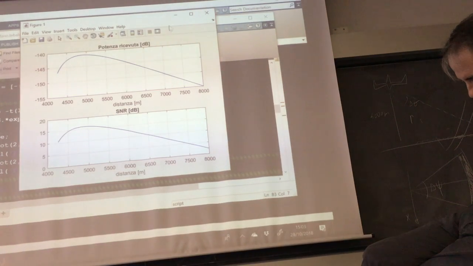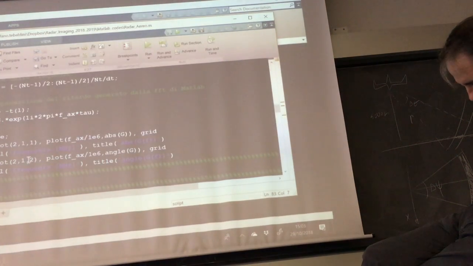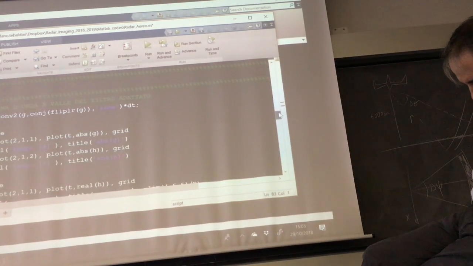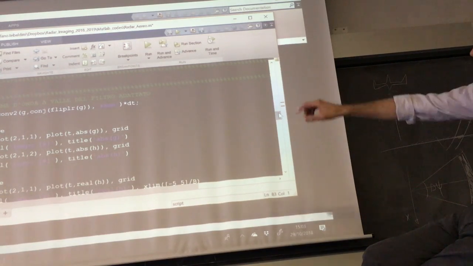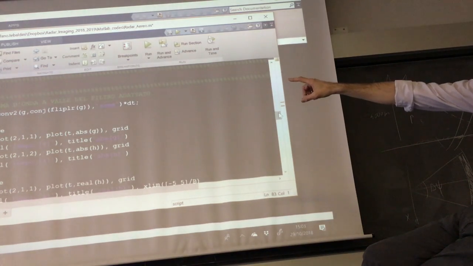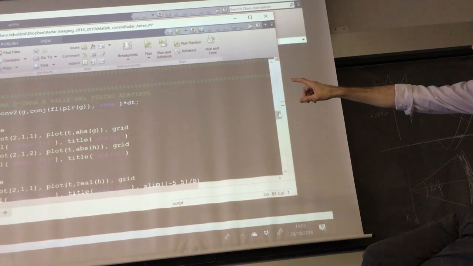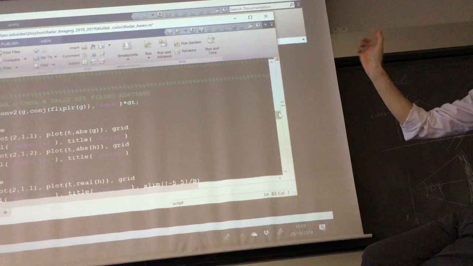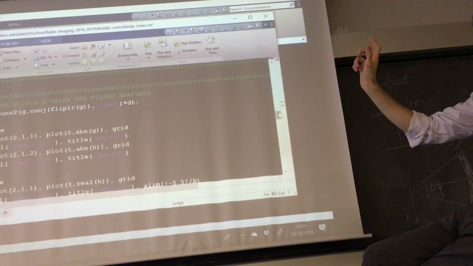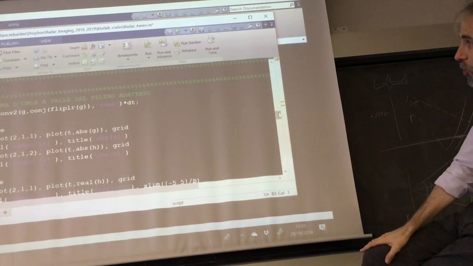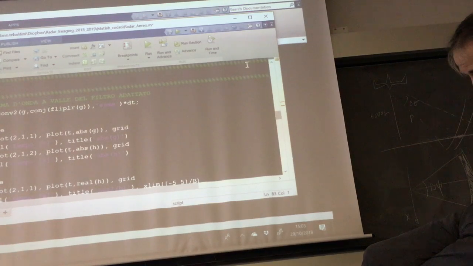And this is matched filtering. You see, I am convolving the transmitted pulse by its replica flipped, so reversing time and complex conjugate. Okay, I can just launch it here.